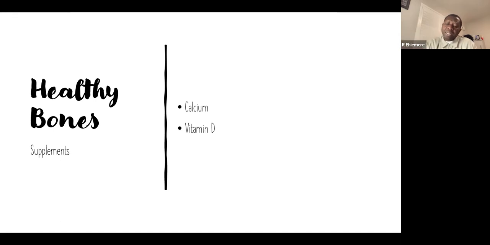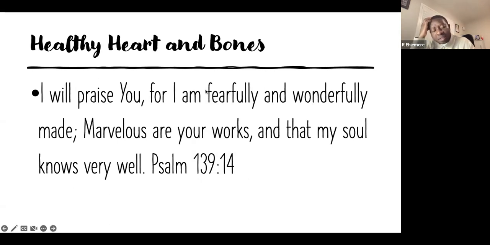I think in summary, for us to function well, be it from the point of view of what we've discussed, the heart and the bones, you do need to be mindful of our diet. And they are of different sorts, depending on which one you consider.